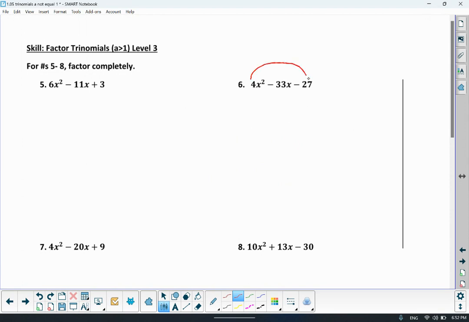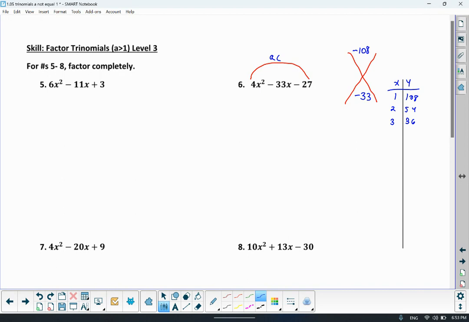So first of all, when you do that again, we're looking at A times C. So it's 4 times, and don't lose your negatives, 4 times negative 27, and that's negative 108. And it has to sum to the middle term of negative 33. So notice it's starting off the same way. So what are those factors? 1 and 108, 2 and 54, 3 and 36.